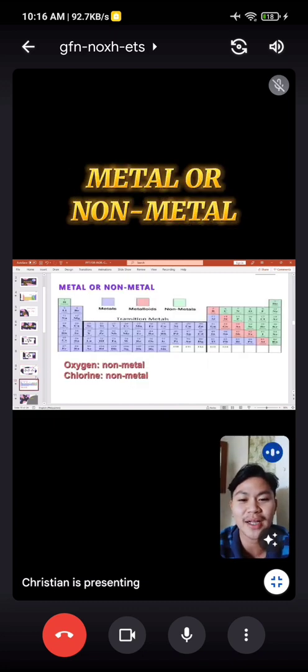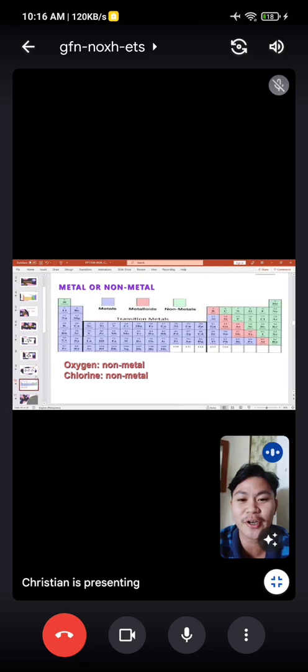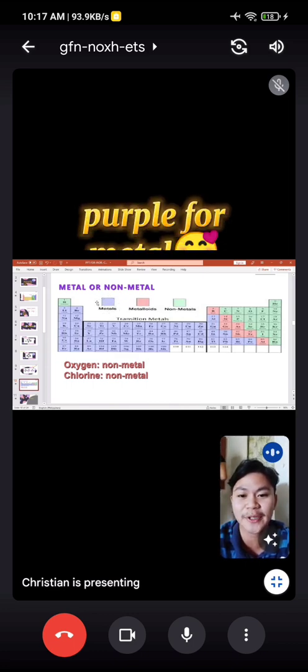Metal or non-metal. As you can see in this periodic table, they have different colors. Those different colors represent different kinds of metal or non-metal, and contain different labels. So first is the metal. The color of the metal is purple.